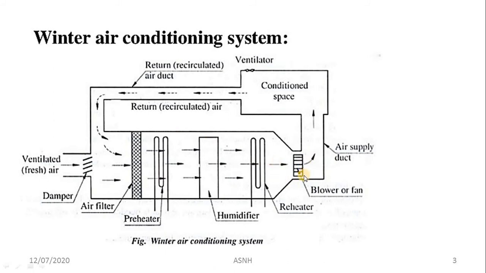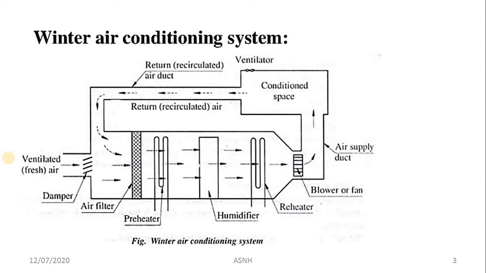The heated air required for comfort during the winter season is then supplied to the conditioned space through the blower or fan. After serving the conditioned space, the remaining air continuously passes through the return duct arrangement. Again it is used in the cycle, and simultaneously mixes with the air coming from the atmosphere. So this is all about the winter air conditioning system.